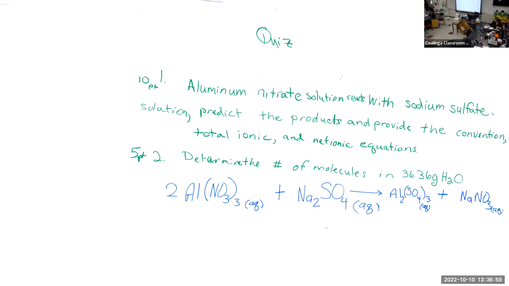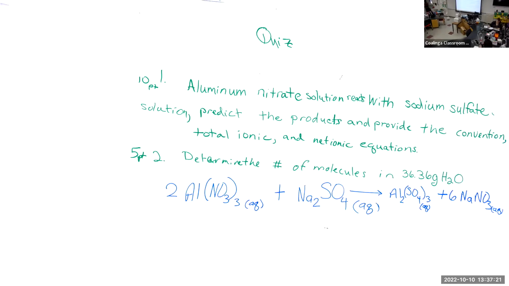So that gives me a total of how many nitrates? 6. So I have 6 nitrates, so then I should probably have what here. If I want 6 nitrates, how about a 6, right?